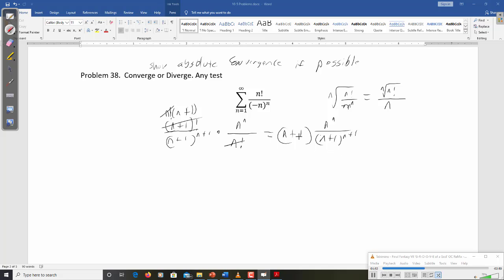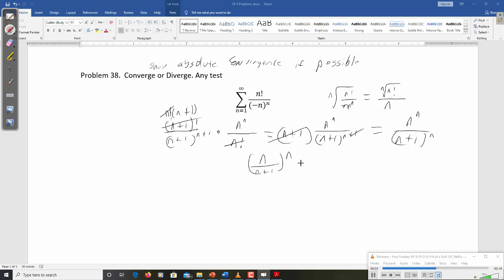I think I'll do something really fast since this is n plus 1 and this is n plus 1. Can reduce that. Yeah, so that becomes n to the n over n plus 1 to the n, or n over n plus 1 to the n. I think this will go to 1.